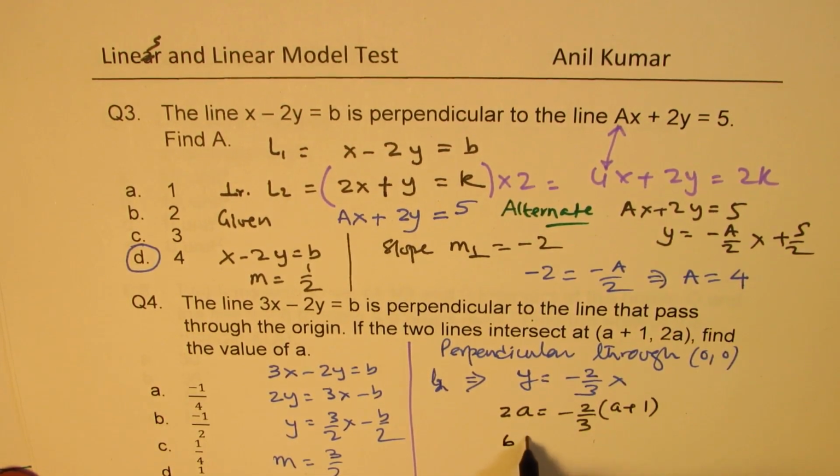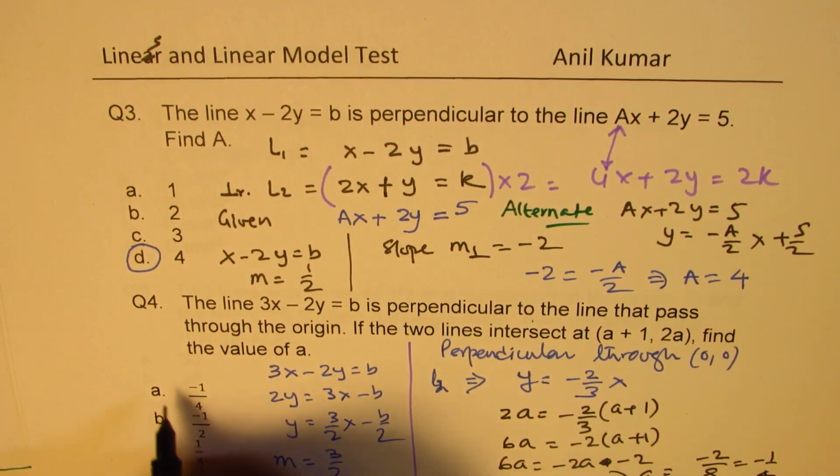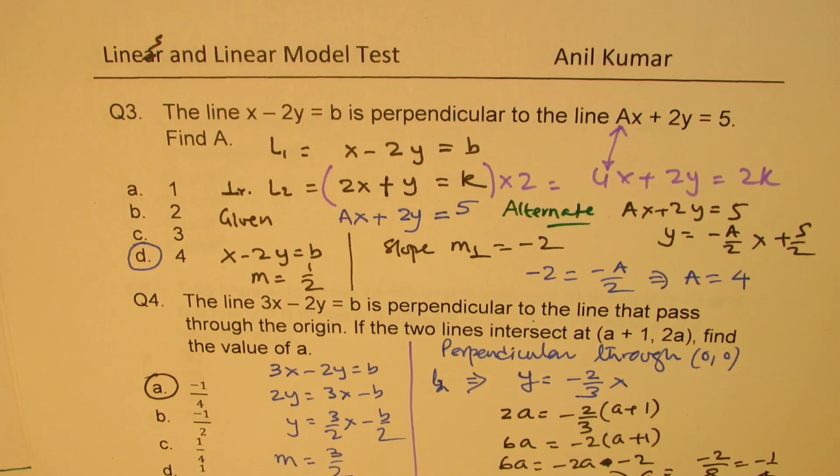Let's cross multiply. 6a equals minus 2 times a plus 1. So we get 6a equals minus 2a minus 2. Bringing that together, we get 8a equals minus 2, or that gives you the a value as minus 2 over 8 or minus 1 over 4, correct? So we get option A as the right option.